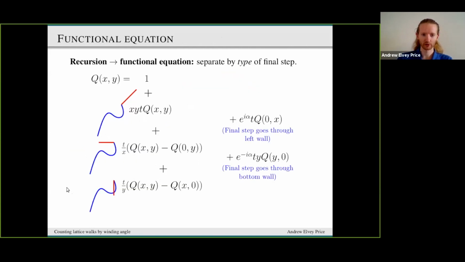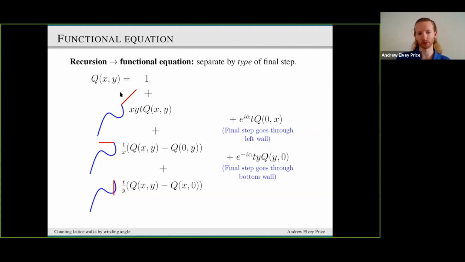Okay, so to get a functional equation determining this generating function, we just consider the type of the final step of the walk. So if the final step doesn't jump through one of the walls, then it's either a northeast step, a west step, or a south step.